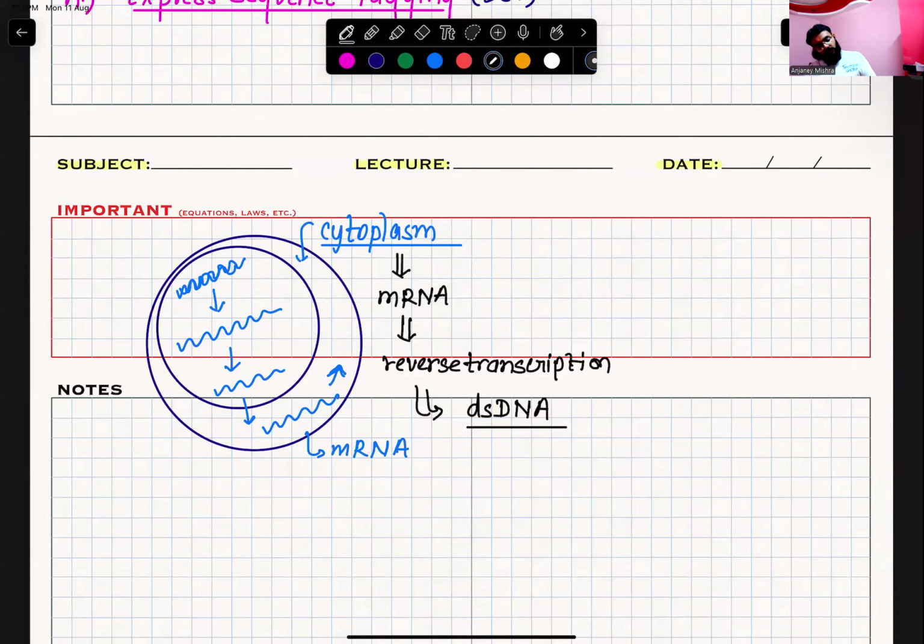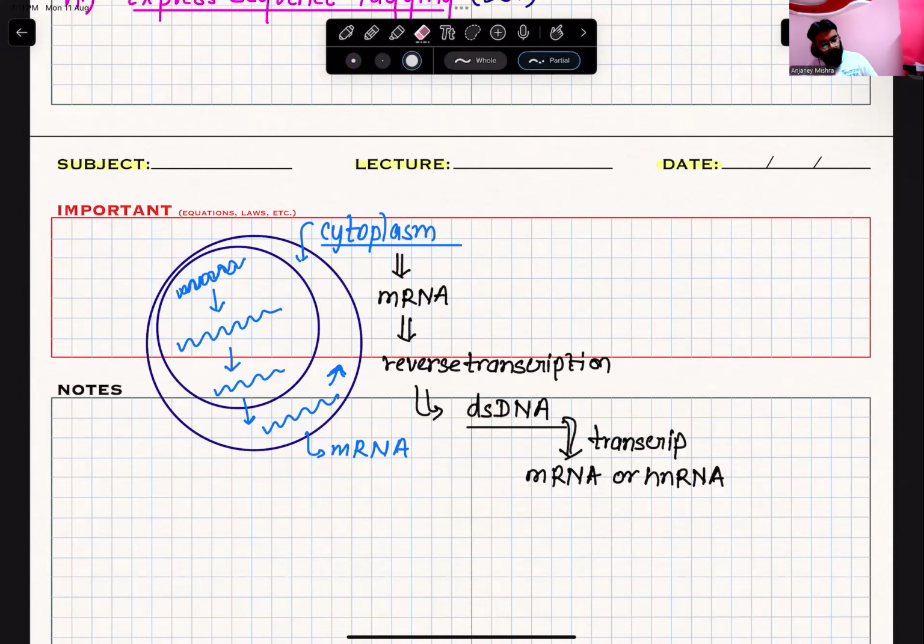After using reverse transcription, what if I make this mRNA into a double-stranded DNA? Now, this double-stranded DNA that I have created, when I make it undergo transcription, will it make mRNA directly or will it make hnRNA? mRNA. It will make mRNA directly.